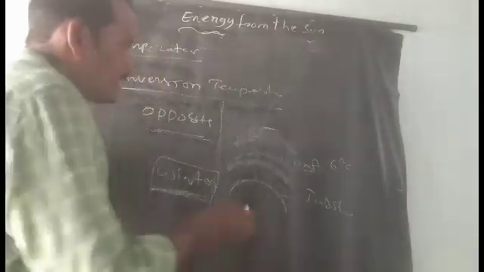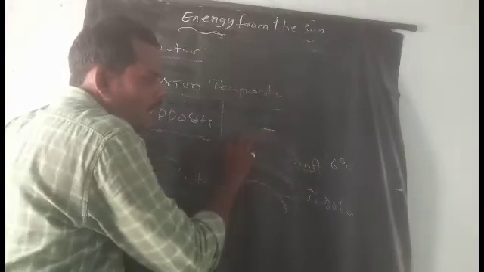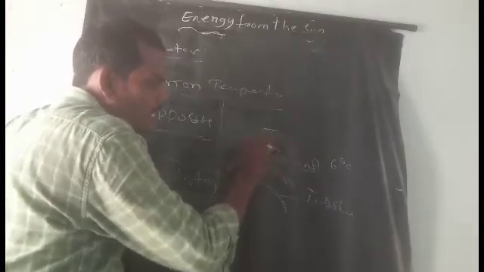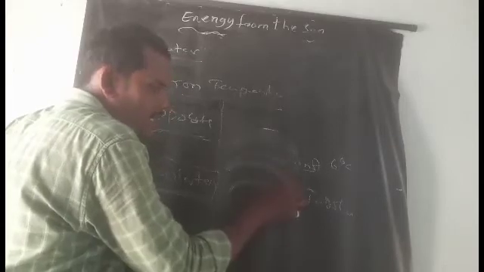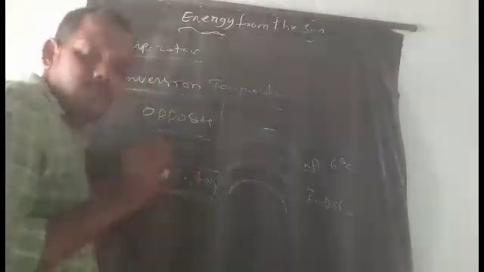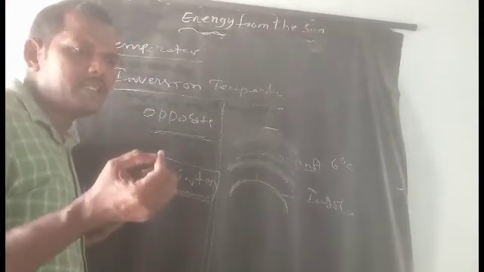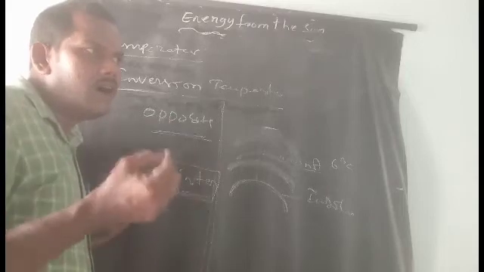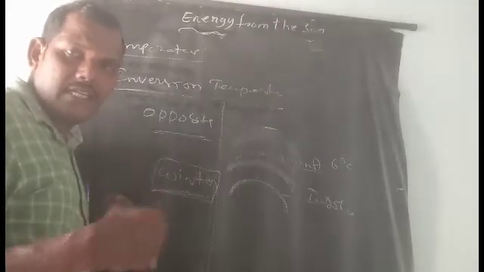But in the summer season it is not like that; the condensation occurs in the higher layers of the atmosphere. That's why we all have some experience in the winter season: we see droplets on the leaves or on the grass. We have this live experience in the winter season.